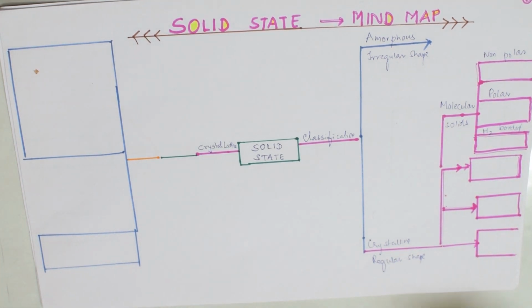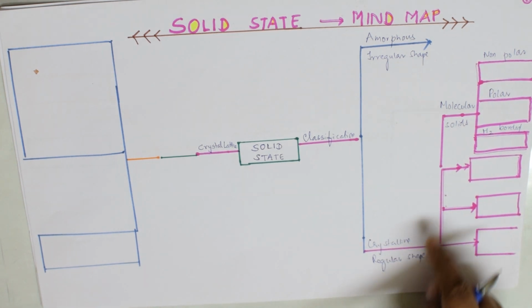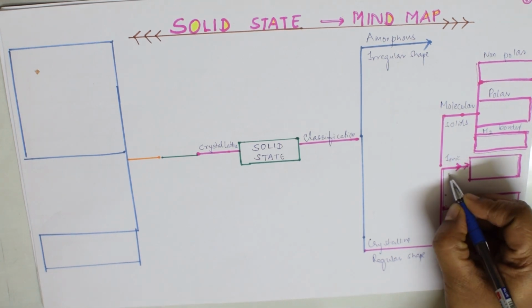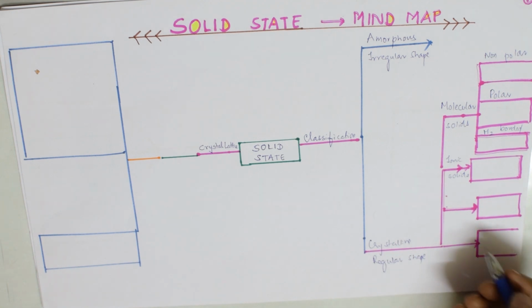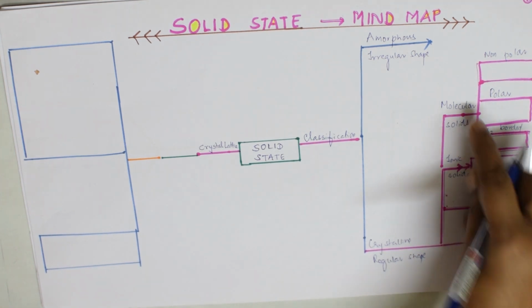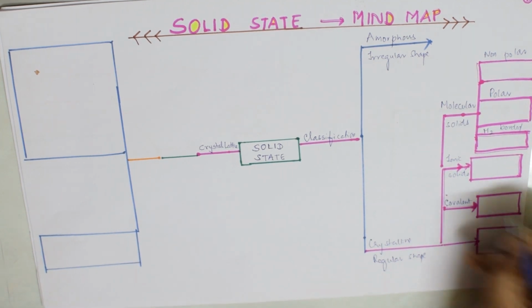Further, after molecular solids, there is one more classification of crystalline solids, that is ionic solids. Let us come back and write the definition later. The next category of crystalline solids is, after molecular, after ionic, covalent solids.